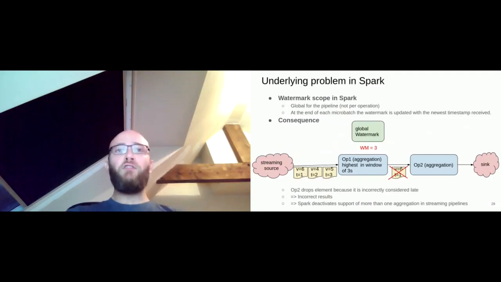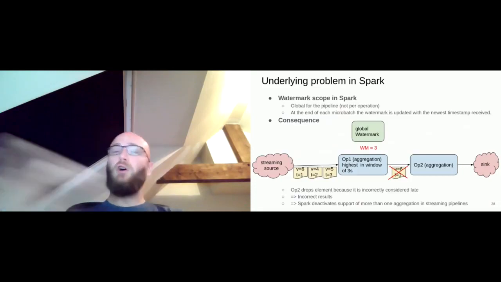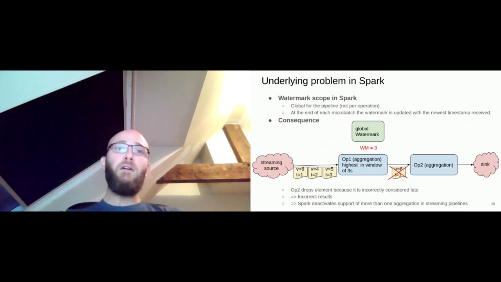So there is the first aggregation that outputs the highest value in the window of 3 seconds. So let's say that we receive 3 elements with values 6, 4, and 5, and timestamps 1, 2, and 3. So they get buffered in operation 1. Operation 1 updates the global watermark to value 3 because it's the newest timestamp seen.